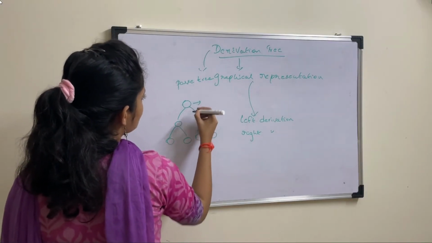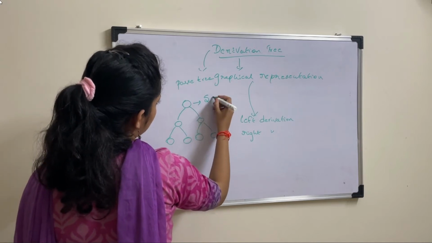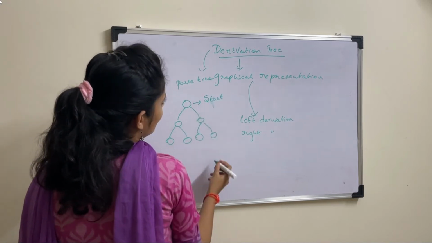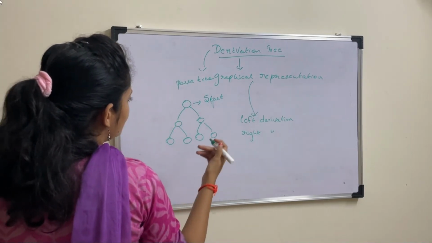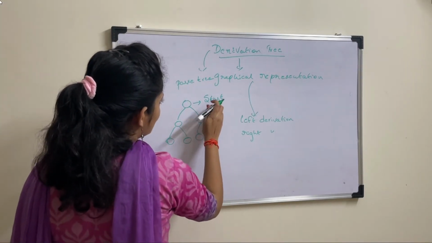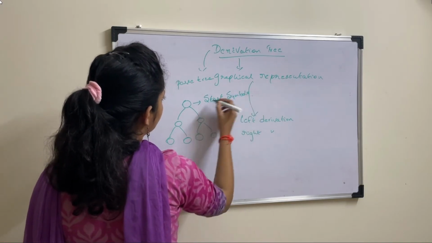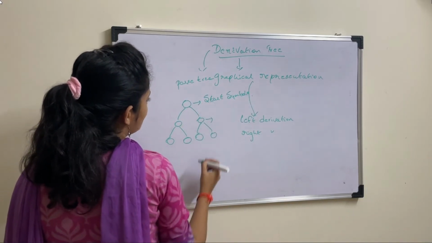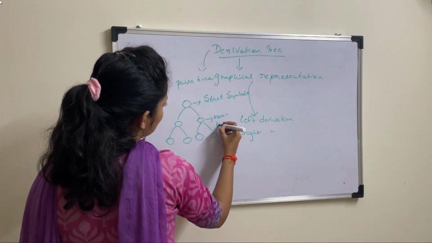Whereas here this root node is nothing but the start symbol. So in our grammar we use some terms like start symbol, etc. That start symbol is usually represented in the root node here. Whereas these internal nodes are used for representing non-terminal symbols.